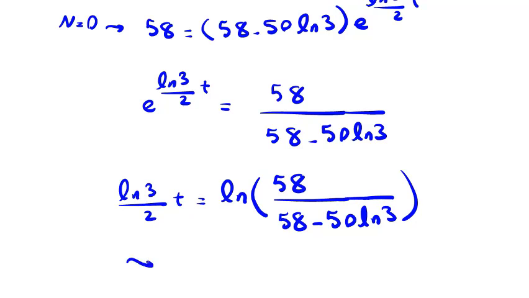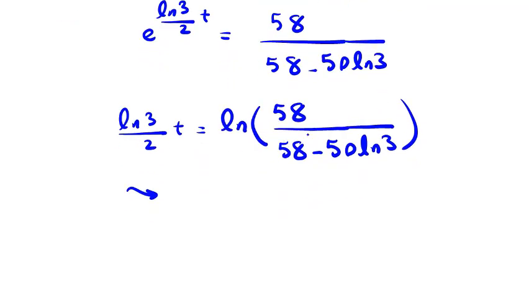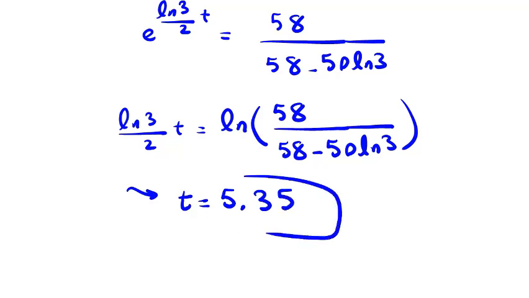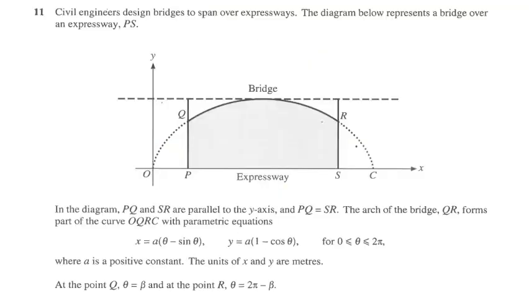Using a calculator, ln of that times 2 over ln 3, t will be 5.35.